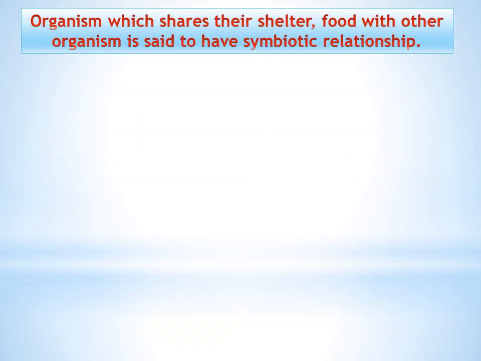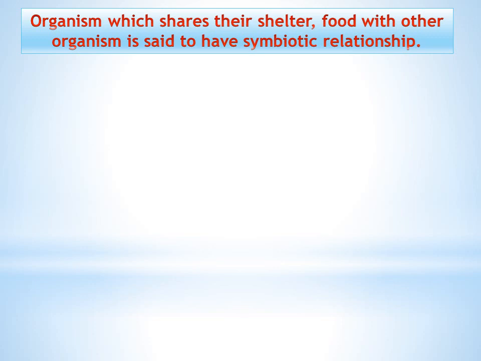The word symbiotic means there are some organisms which live together as friends and they share shelter and food. And in science, we call such a relationship a symbiotic relationship.